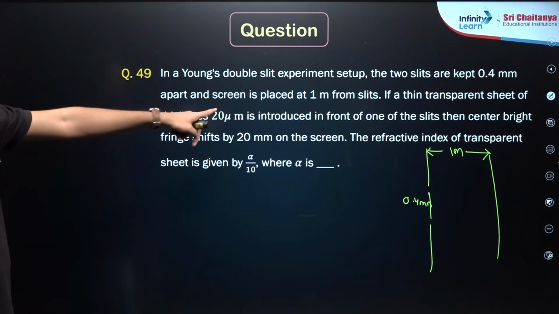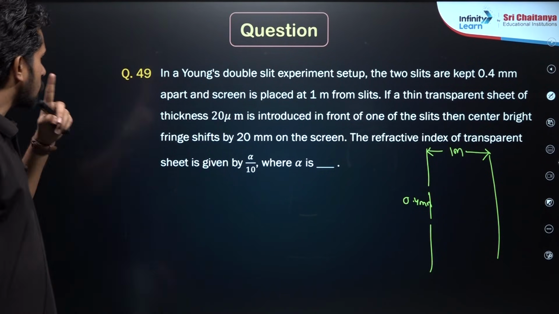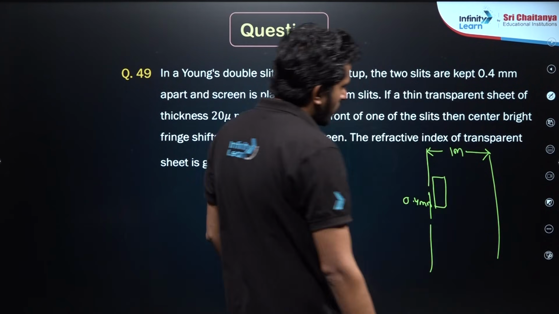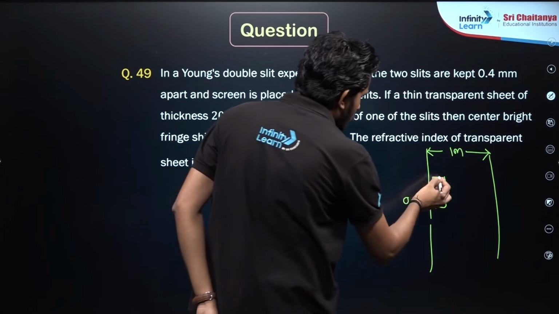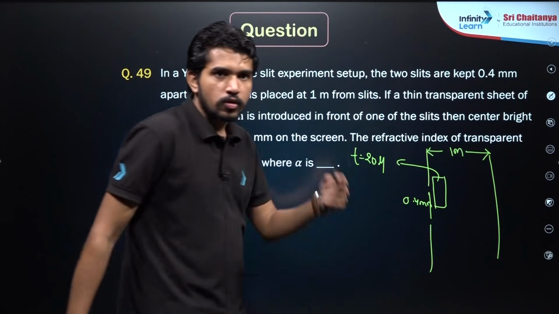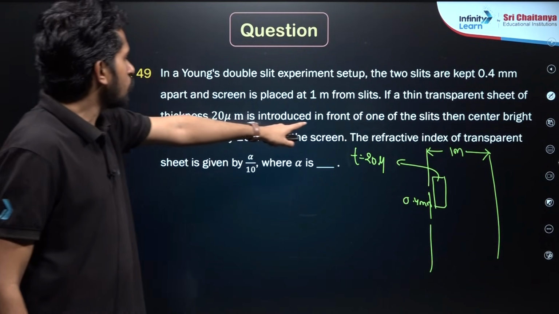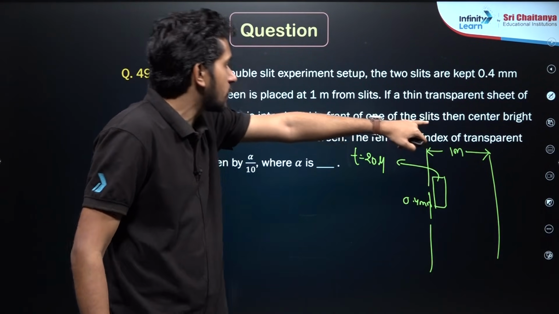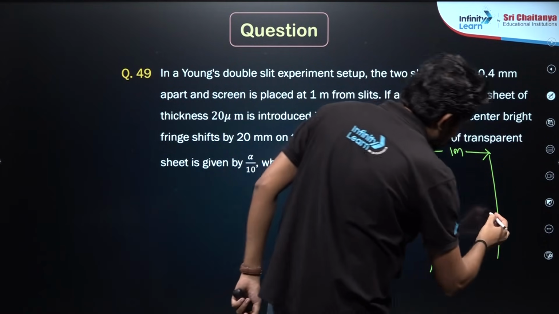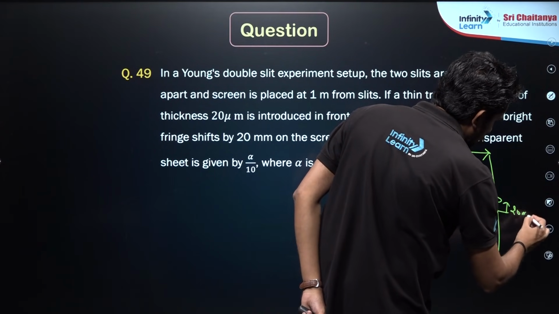If a thin transparent sheet of thickness 20 micron is introduced in front of one of the slits, then the center bright fringe shifts by 20 millimeter.